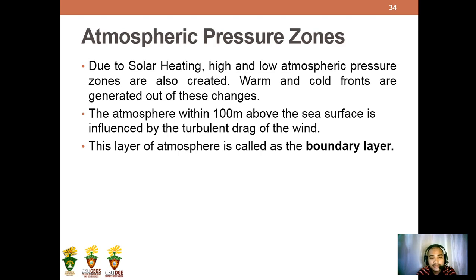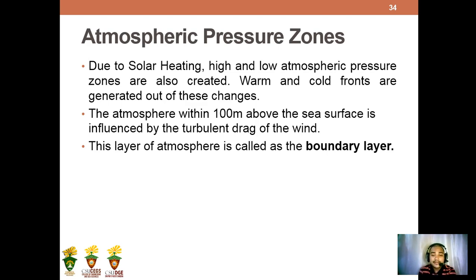Warm and cold fronts are generated out of these changes. We just experienced the tail end of a cold front. That is one example of atmospheric pressure effects. So solar heating is one of the aspects we experience.